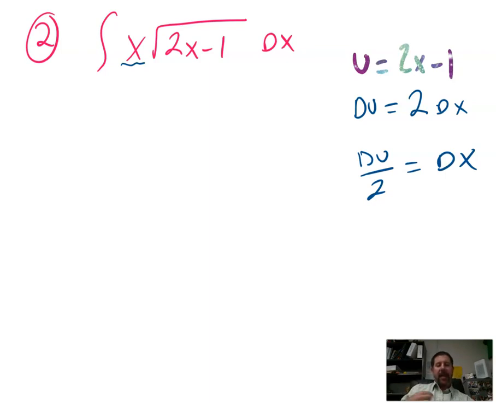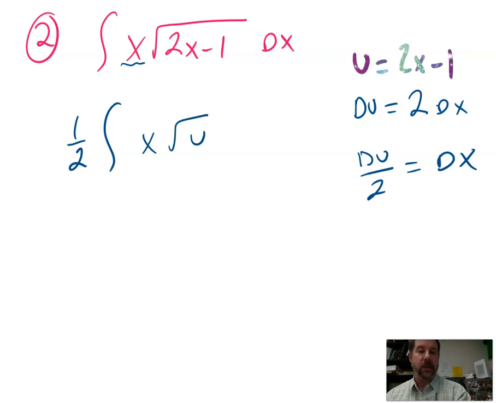Here's how we deal with an extra x like that. We do not want to write something like 1/2 integral x square root of u du. That's bad. I've got this extra x in here, and we don't want x's and u's together ever. Bad, bad, bad. What we can do to fix this is take our u equals 2x minus 1 and solve for x.